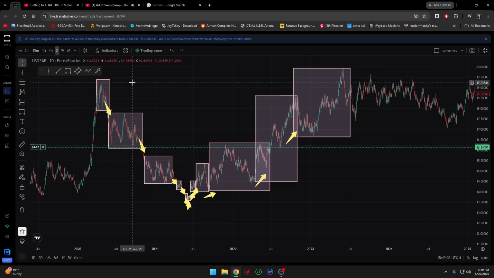What is liquidity, right? What is liquidity?